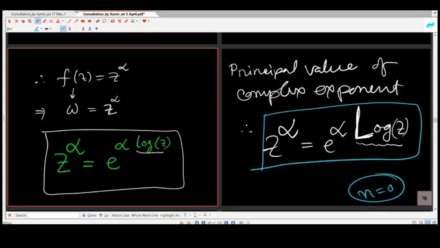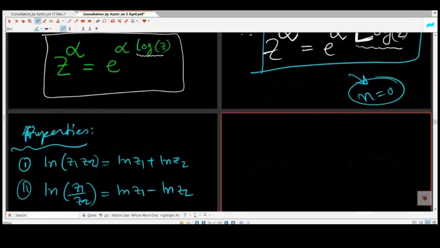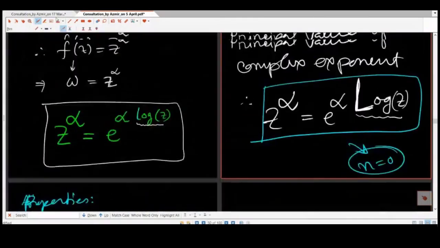That means we have to find the principal argument first, and we have to find the principal value of complex logarithm by setting n equals 0. So let's solve one problem.